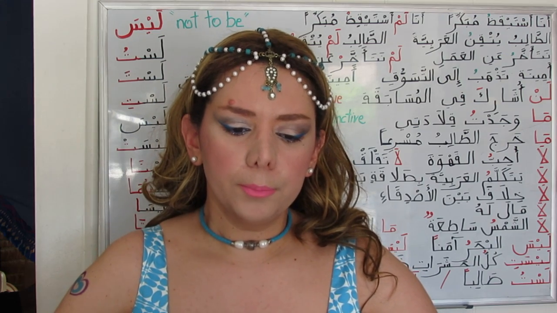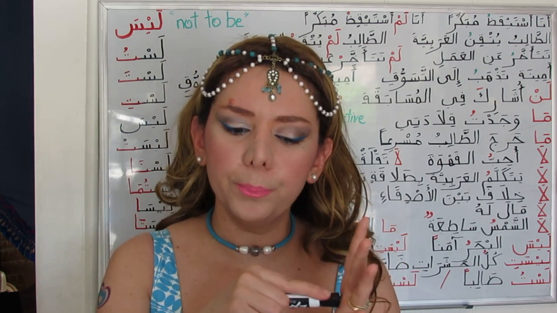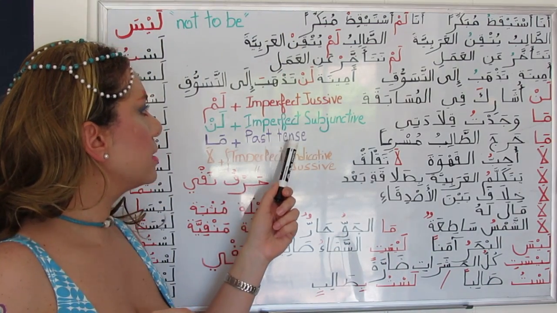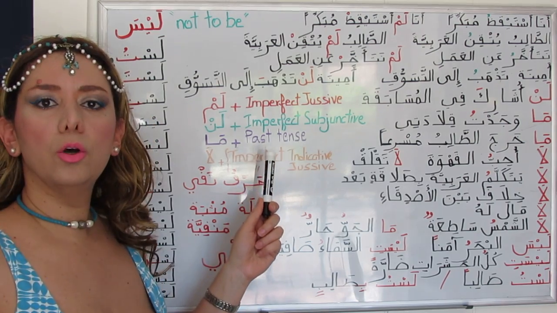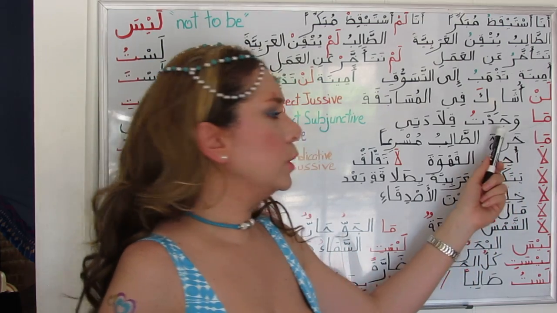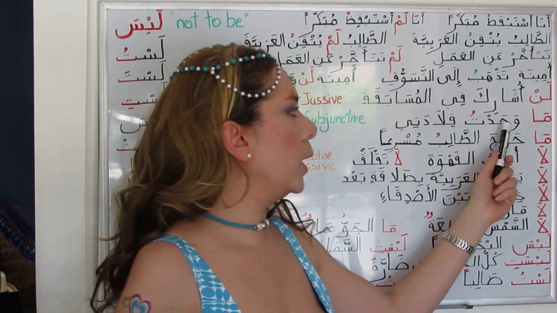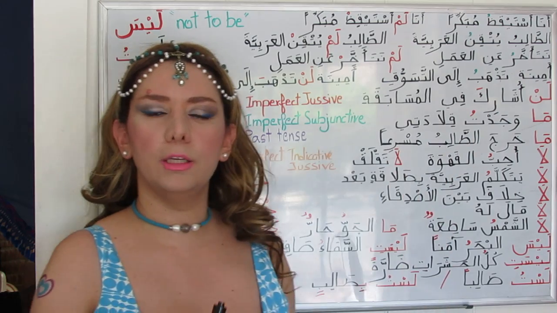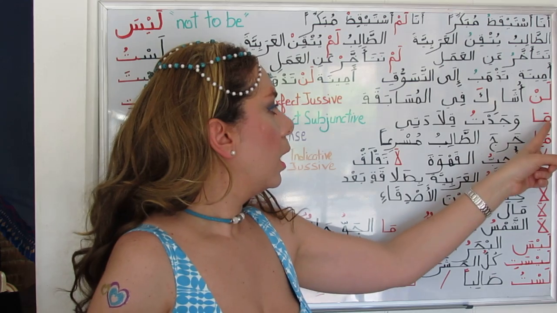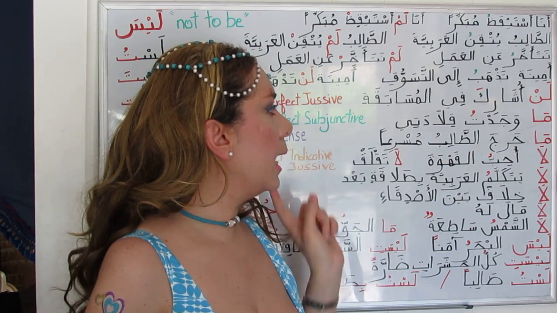For another past form, we may use ما plus past tense. So ما plus past tense or the perfect tense. ما وجدت قلادتي. وجد, to find, here conjugated in the past tense, first person, أنا, I. ما وجدت قلادتي.